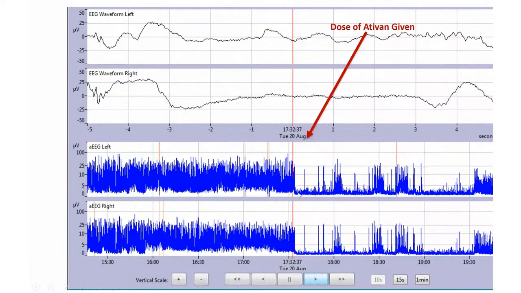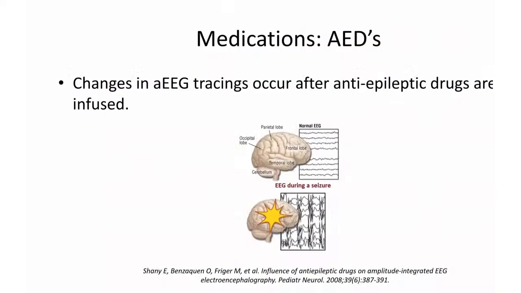And literally we went to nothing after that single appropriate dose of Ativan. So these benzos have huge effects on the brain. And we know that synaptogenesis and brain activity is extremely important in order for normal brain structure and function. So we know that these drugs can have a huge impact.